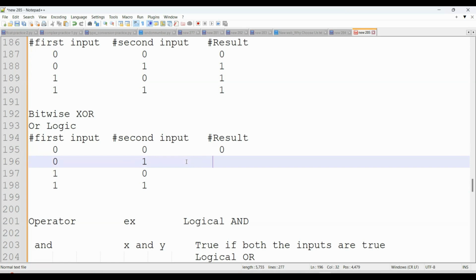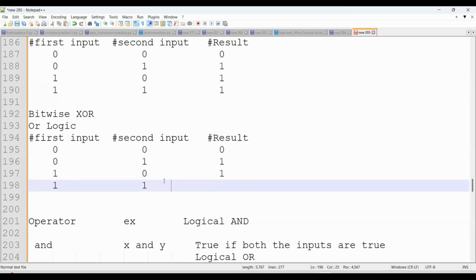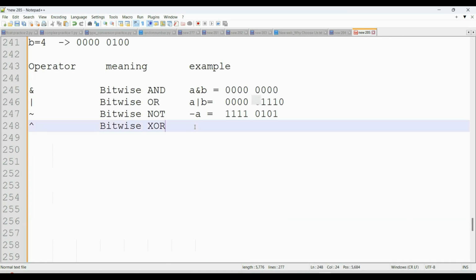If any one input is high, it will become high. Here also one input is high, so that becomes high, and the last one, both inputs are high, it will become 0. This is the exclusive OR logic. So if you perform bitwise exclusive OR for a XOR b, it will become 0 0 0 0 1 1 1 0. This is the logic which I explained.